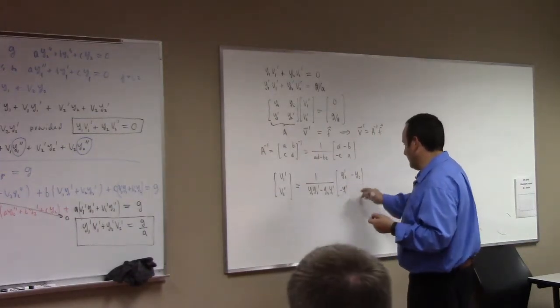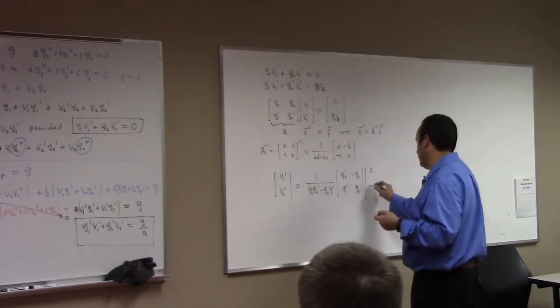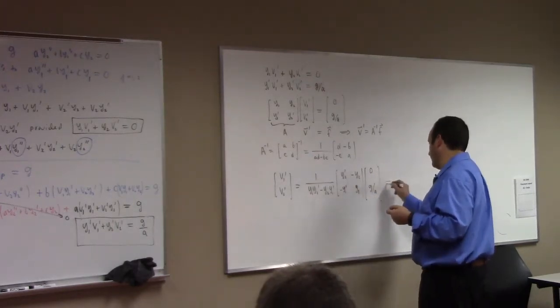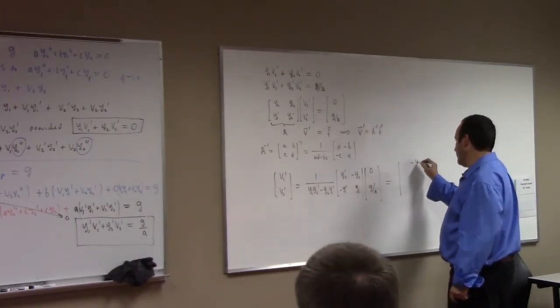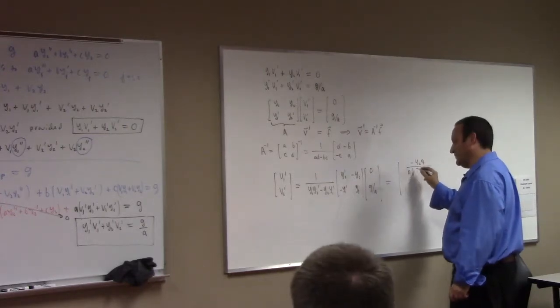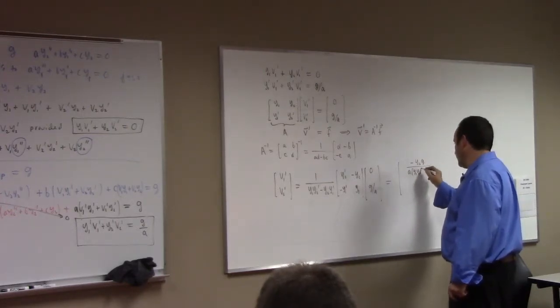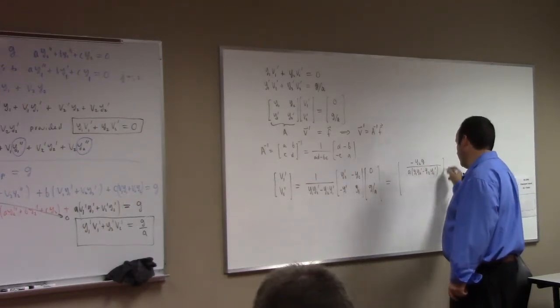I'm supposed to multiply that thing times the 0 and G over A. What's that give me? It gives me minus Y2 G divided by A times Y1 Y2 prime minus Y2 Y1 prime for the first component.